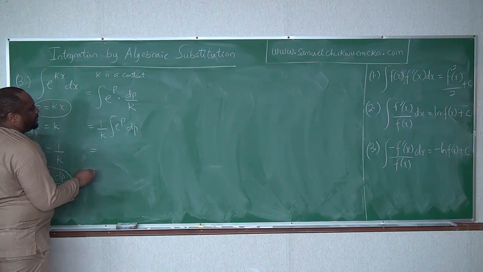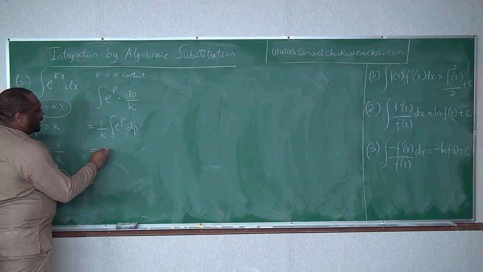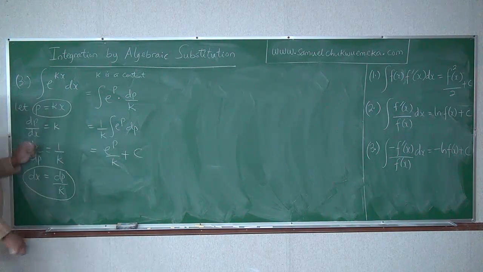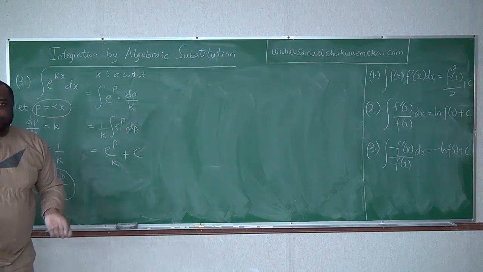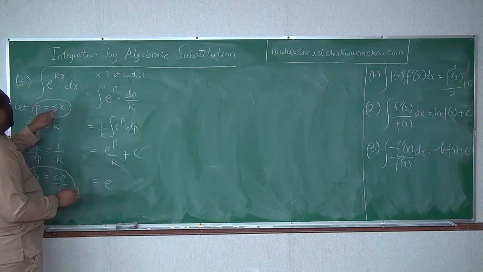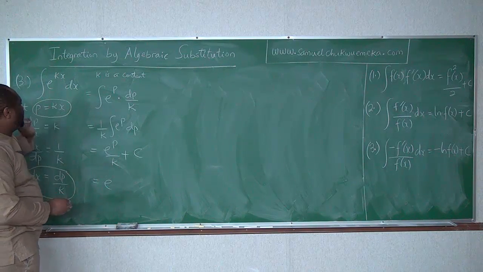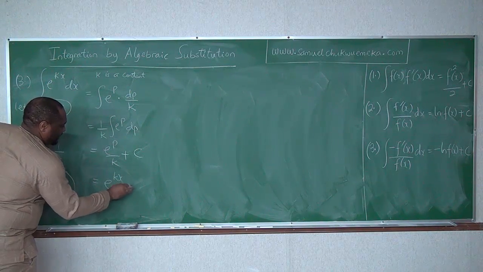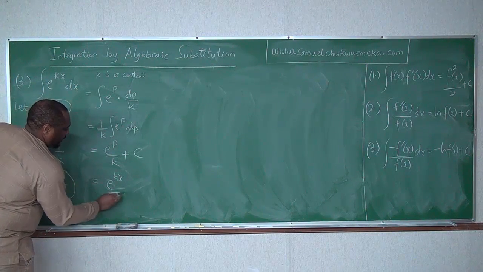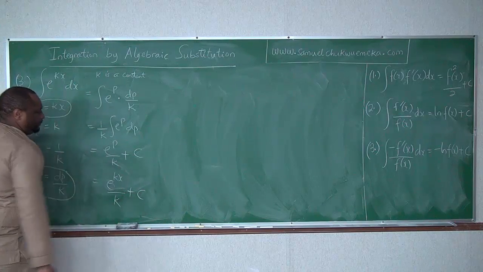That gives us e^p over k plus c, because the integral of e^p is e^p. Now you substitute back: e^(kx) over k plus c.